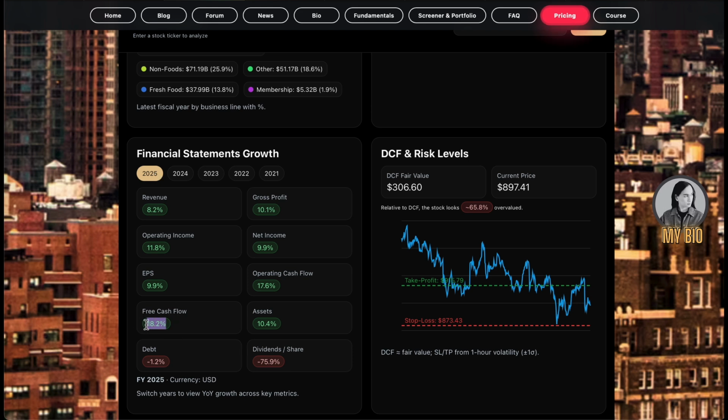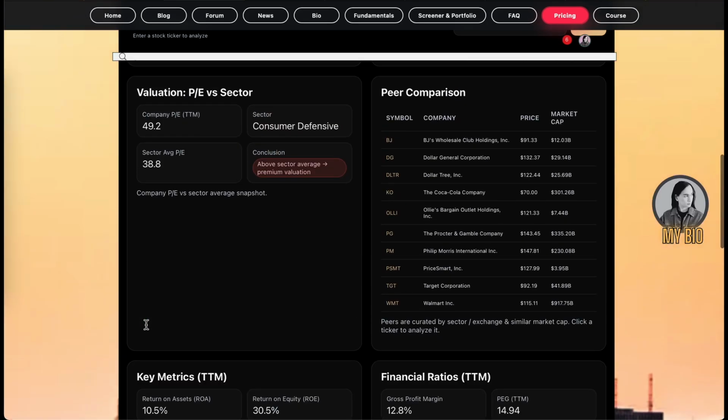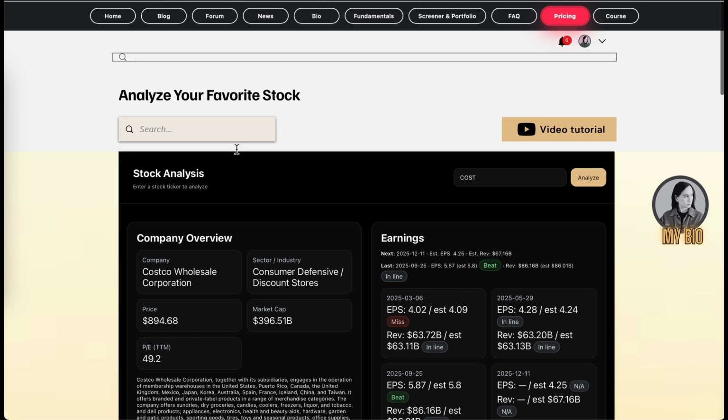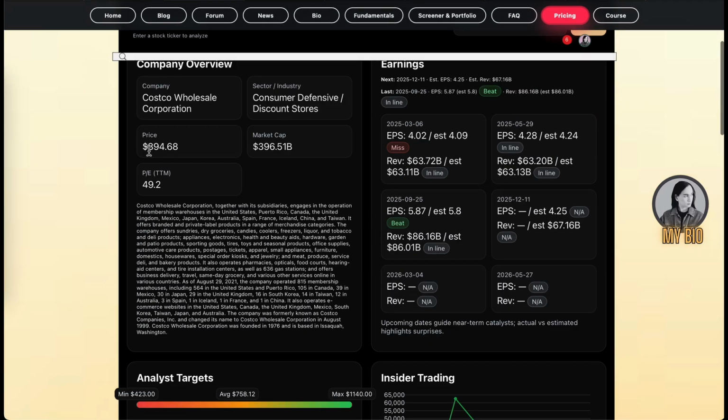When you see this decline, it means that it's very difficult to forecast the share price, to calculate the stock target price. This may result in higher volatility of the price in the future. As you can see, there is also a high gap between the mean and maximum price, but the average price is 758, and the current price is 894.